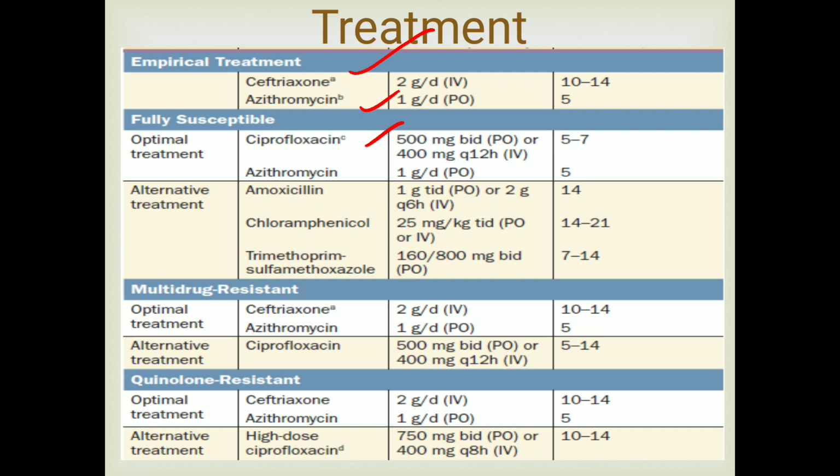If the patient is multi-drug resistant, again the drug of choice is ceftriaxone 2 gram per day, or azithromycin 1 gram per day for 5 days. And if it is quinolone resistant, then also you can choose ceftriaxone. So ceftriaxone comes in most of the areas. Ceftriaxone at 2 gram per day IV for 10 to 14 days.